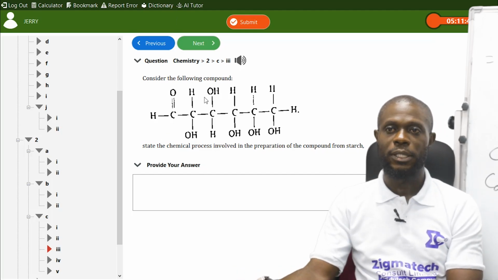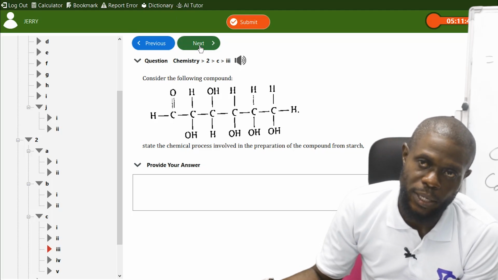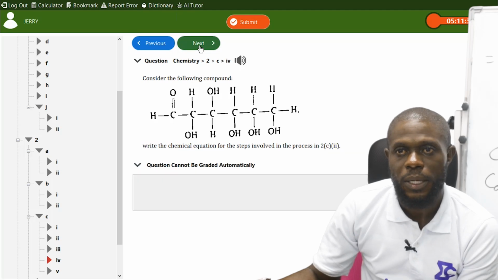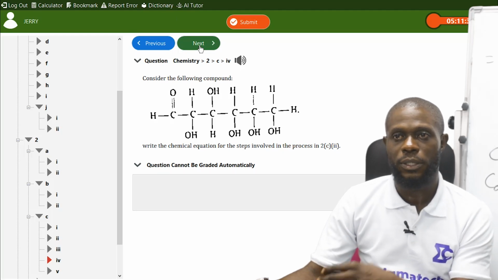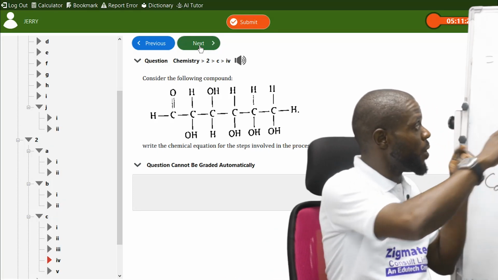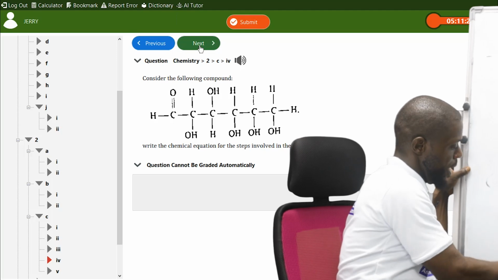That means the process is called hydrolysis. Like I said, hydrolysis is the process of using water to break down molecules. Next question says, consider the following compound. Write a chemical equation for the steps involved in the process of 2-II.